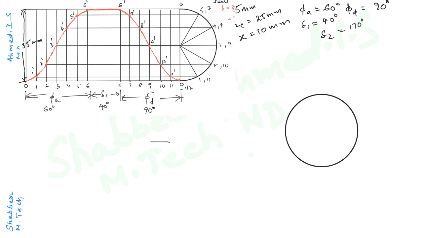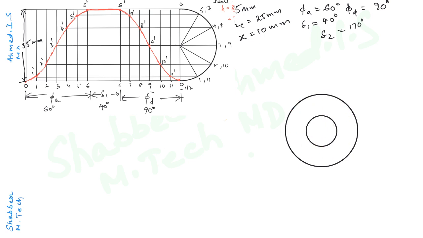Now concentric to this circle we will draw the offset circle which should have a radius equal to 10 mm. So next we draw a concentric circle at the same center with the radius 10 mm. So now we have a concentric circle of radius 10 mm.